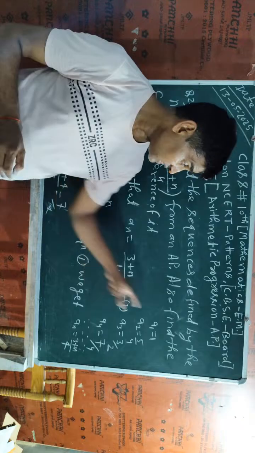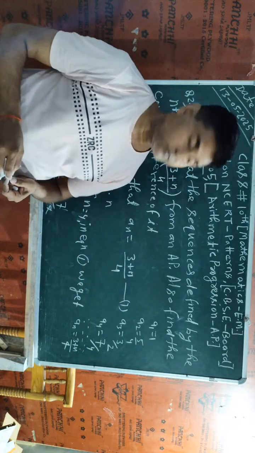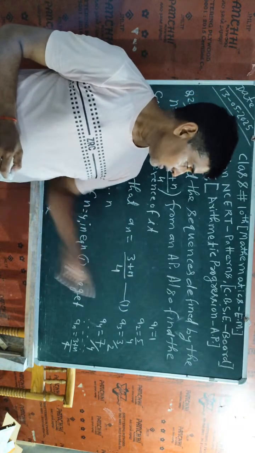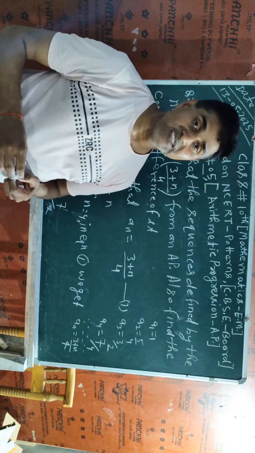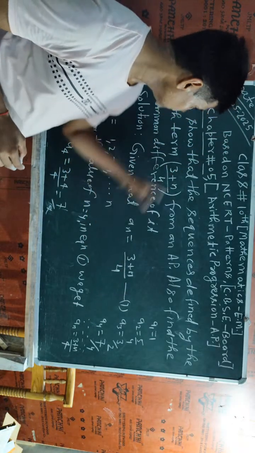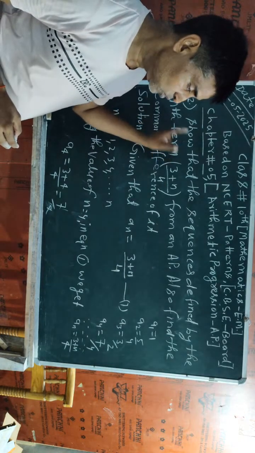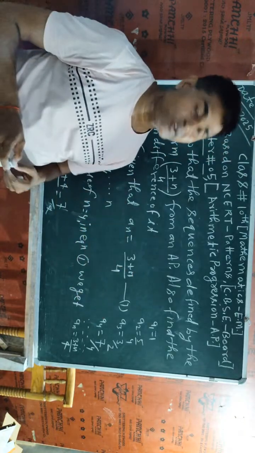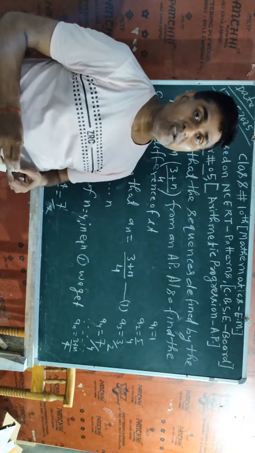If the common difference is the same between each two consecutive numbers, then I will say that the sequence is an arithmetic progression. So this condition is completed, and that is written here. One part I have completed. Now next I will write the common difference of that arithmetic progression. That will be the second answer of the given question.